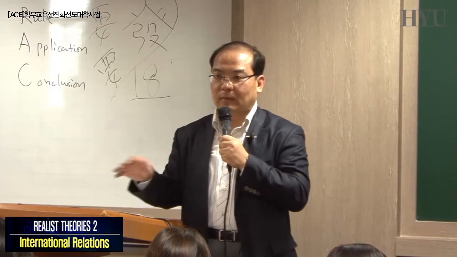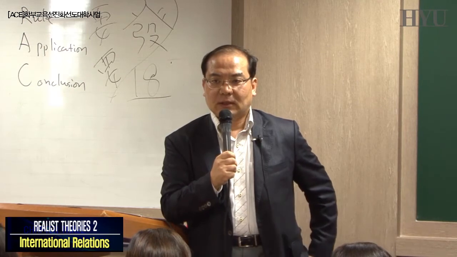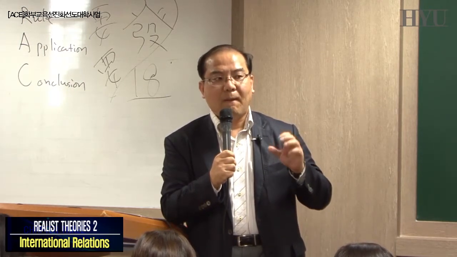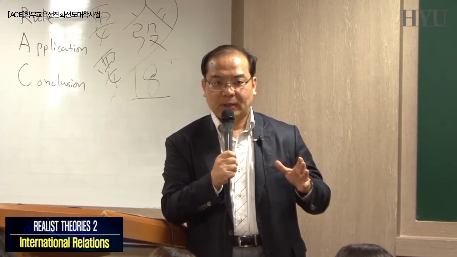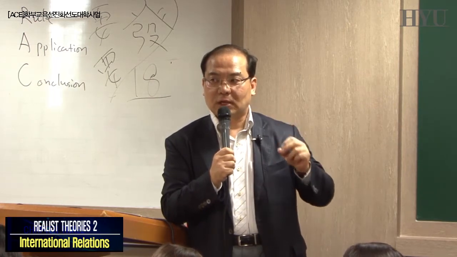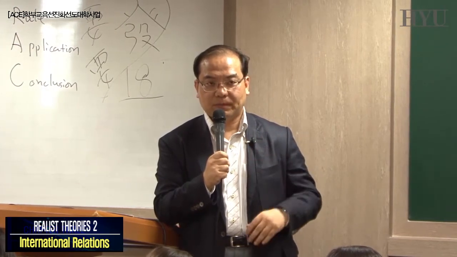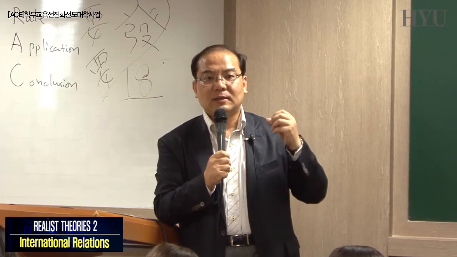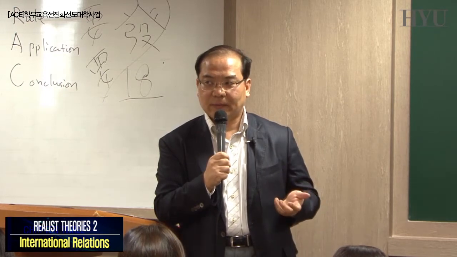What is neorealism about? Particularly since the 1990s, new realism is about power distribution. Neorealism, otherwise called structural realism, is about power distribution. Compared to classical realism, it's much more scientific.